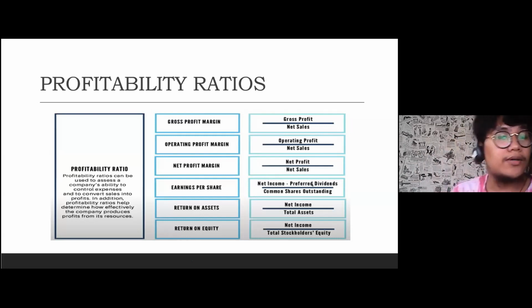Okay? So with this, guys, at least 7%. Kapag titingin kayo ng company, if you are from the perspective of an investor, look for the company with at least 7% net profit margin with no more than 2 years of declining earnings of 5%. Okay?